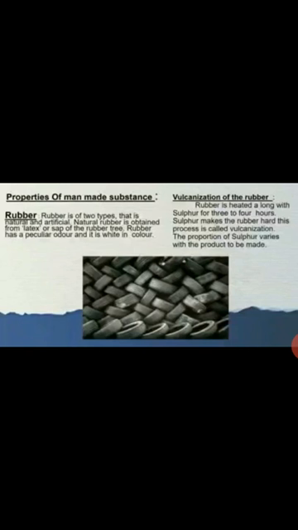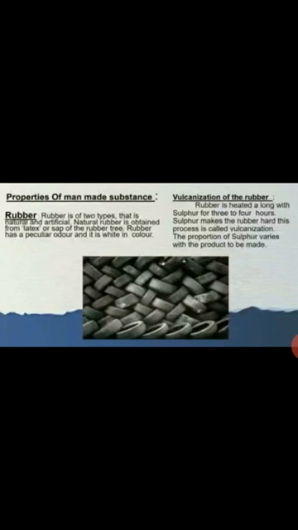Now, vulcanization of rubber. In this process, rubber is heated with sulfur for 3 to 4 hours. Why do they heat it? To give hardness to the rubber. Sulfur is mixed in it. The proportion of sulfur in the mixture is determined by the purpose for which the rubber will be used.